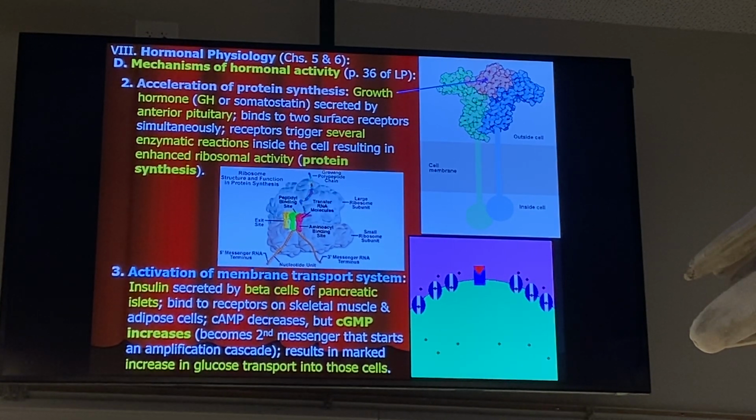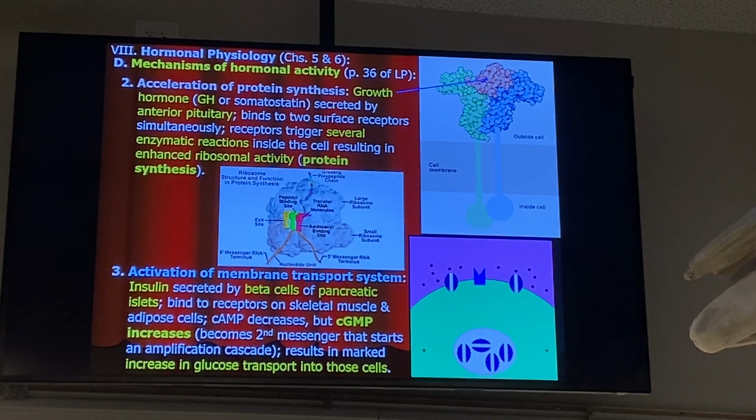Now, what is that called, going from links to chains? Anabolism. The primary function of insulin is to stimulate metabolic anabolism. It has nothing to do with blood glucose.